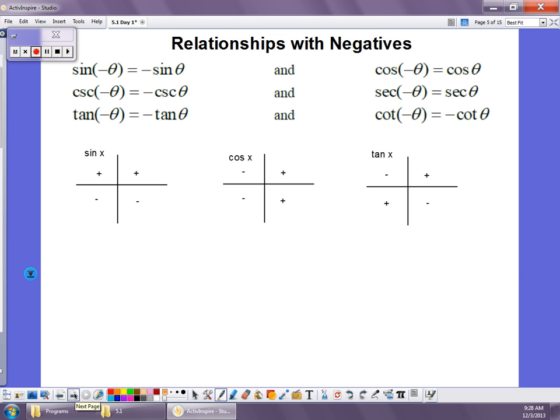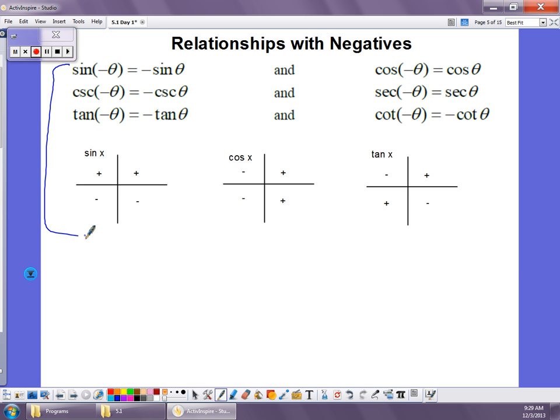So these are relationships with negatives. I would write this on the back. So if you have sine of a negative angle, that equals negative sine of that angle. Okay? So if the angle is negative, you can bring the negative out front, as well as with cosecant and tangent.